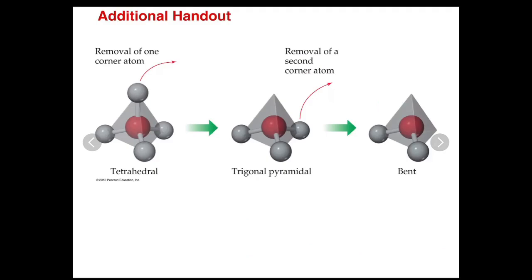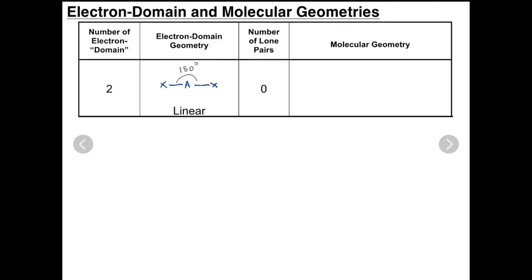These two are derived from tetrahedral. As you introduce one lone pair, you're removing one atom and replacing it with the lone pair. This is going to be trigonal pyramidal. And when you replace one more with a lone pair, you end up with bent.